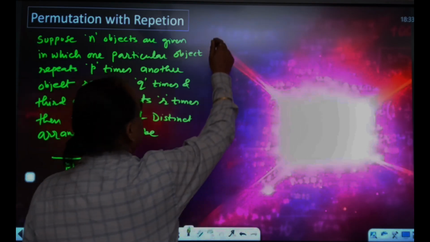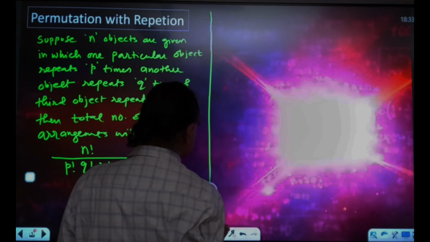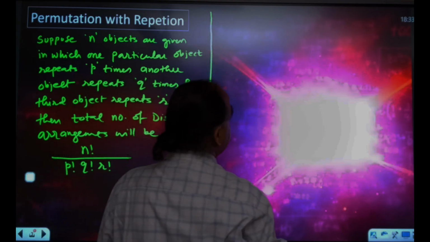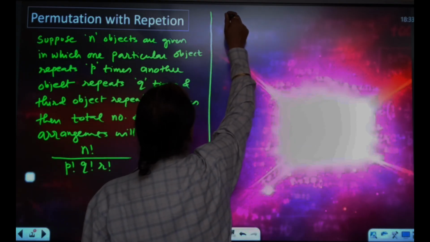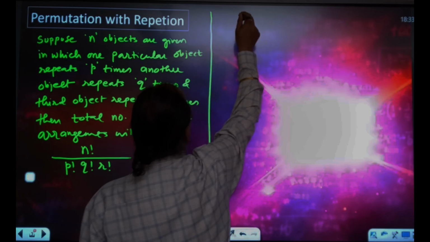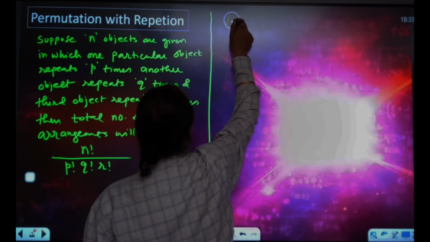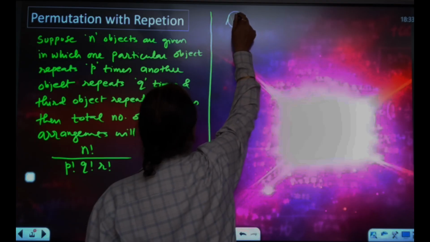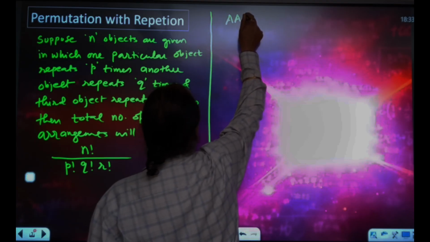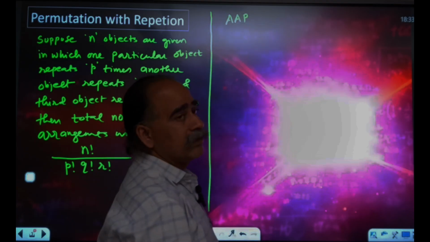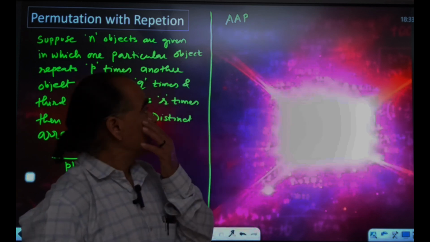I'll explain with the help of one simple example. Now you know in Delhi we got Aam Aadmi Party. Short form of that is what? AAP. How to arrange AAP?